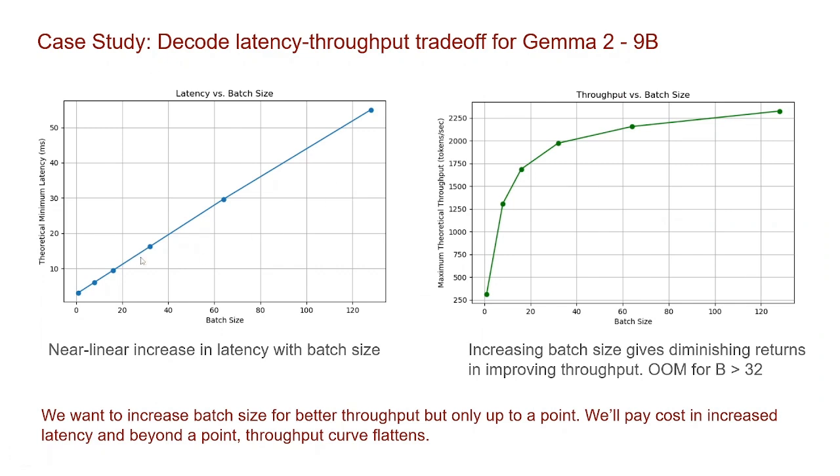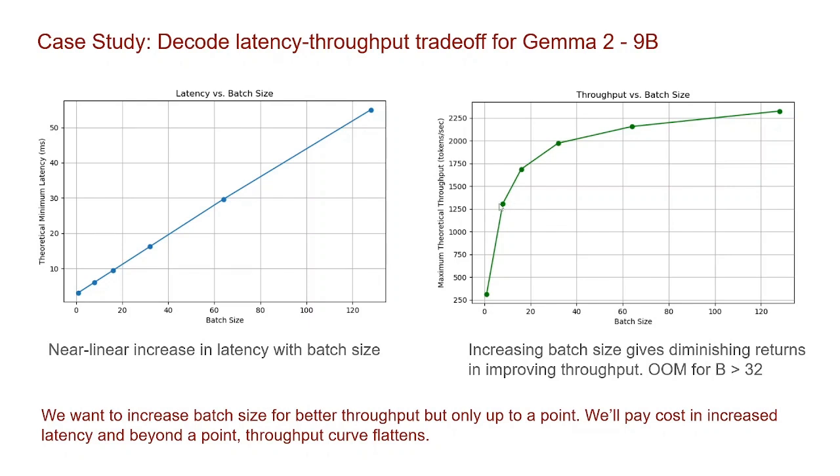If we plot the latency and throughput with respect to batch size, we observe the behavior which we are expecting. Latency does increase linearly with batch size, and the throughput plateaus, so there are diminishing returns to increasing the throughput. The overall takeaway message is that we can't afford to have a batch size of 1 to minimize the latency, because the throughput is terrible.